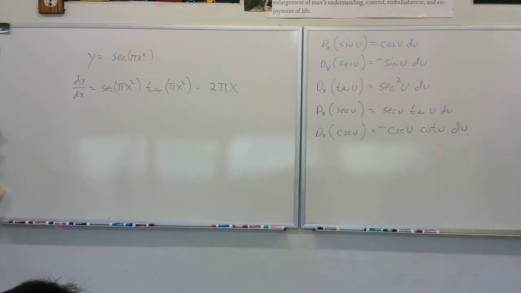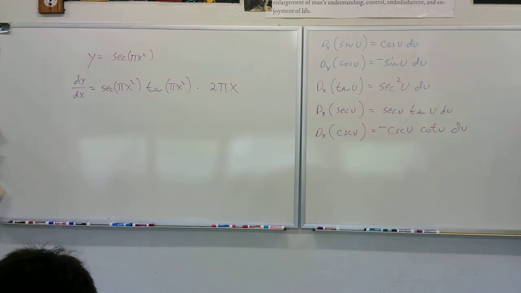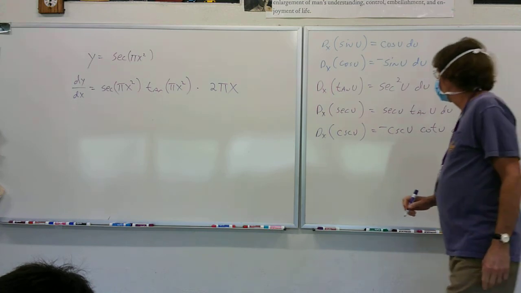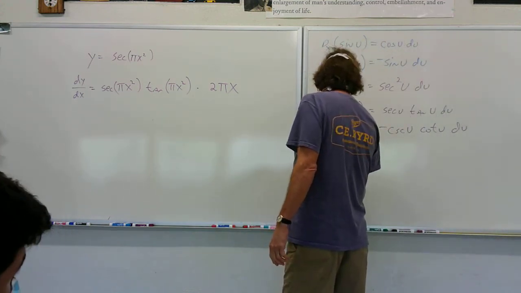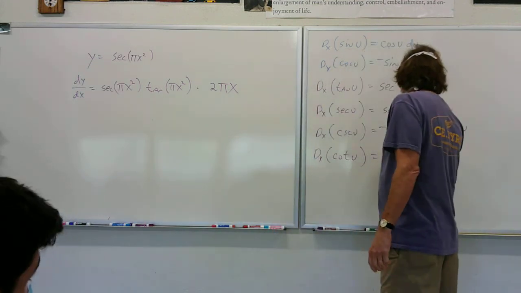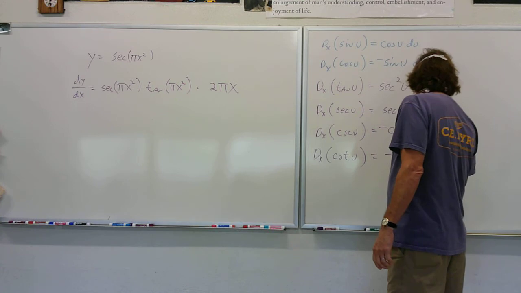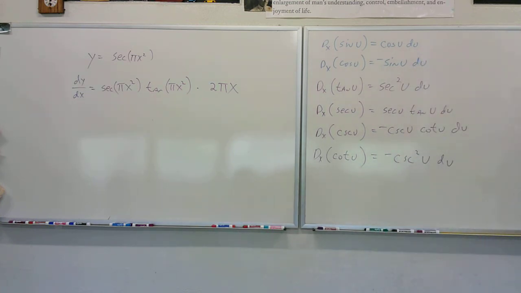Don't use anyone else's rule. These work. And then the derivative of cotangent u is negative cosecant squared u du. And those are your 4 trig derivatives. All pretty and happy for you.